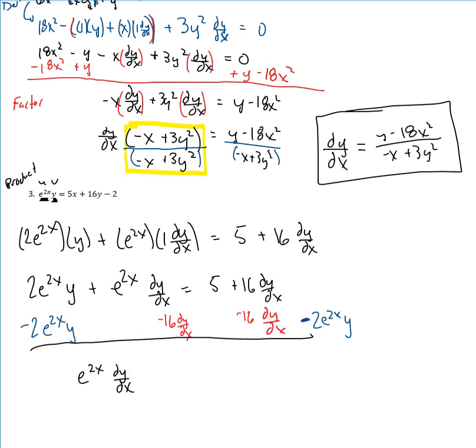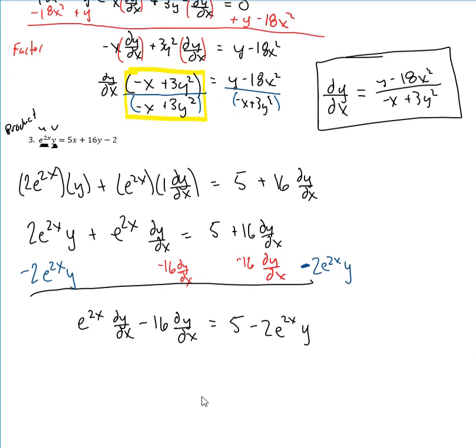And then I have the minus 16 dy dx equals this 5 I didn't do anything to, so it's just there, 5. Those zeroed out, the 16 dy dx minus 16 dy dx, but I still have the minus 2 e to the 2xy. So that way I did two things in one.